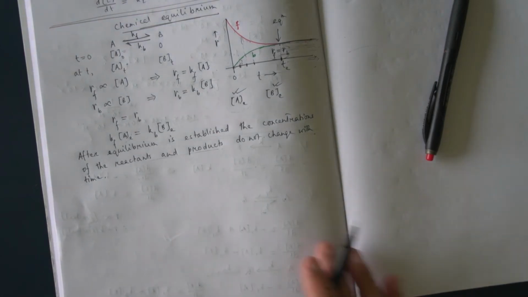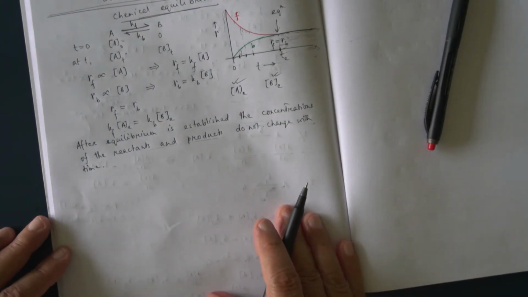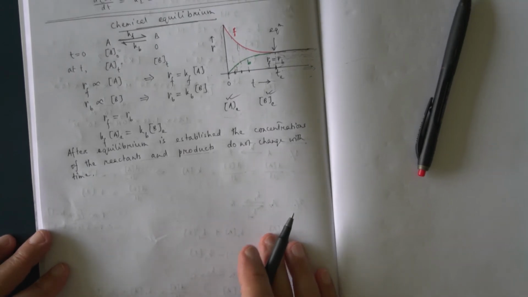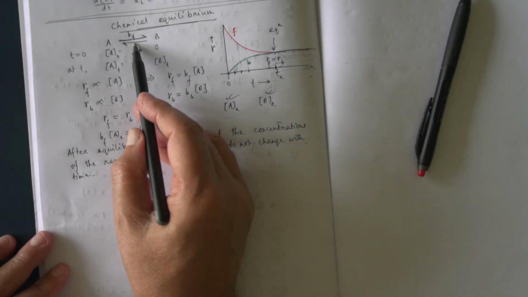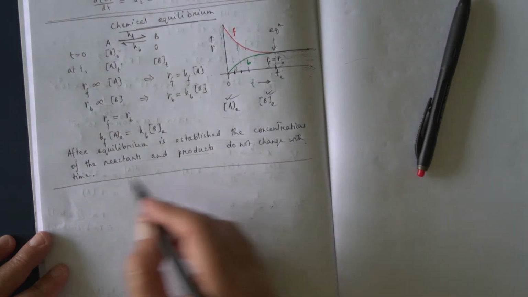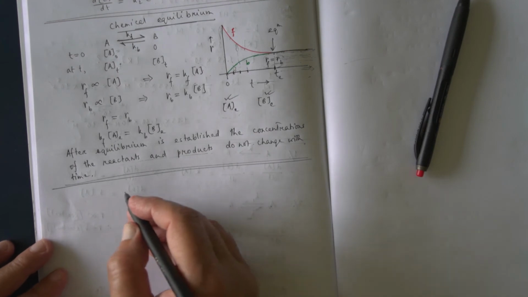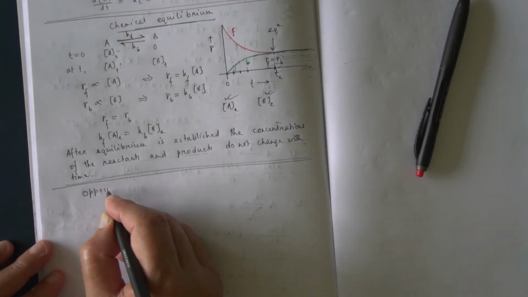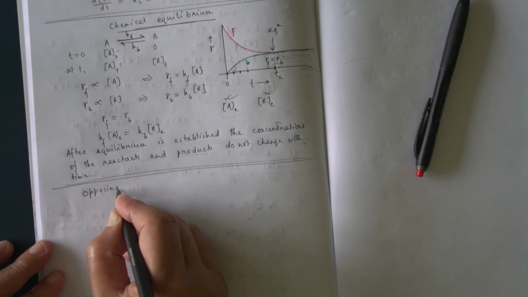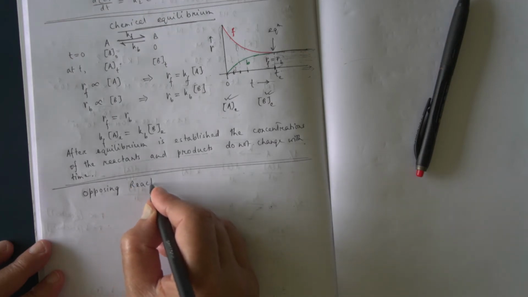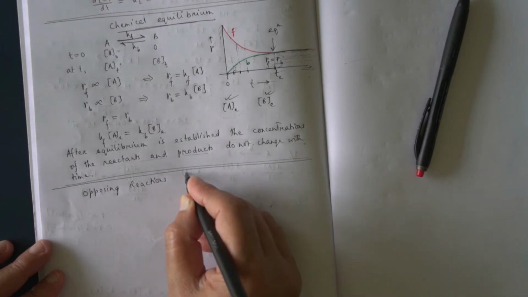Now let us find out the rate constant of reversible reaction, or opposing reactions. Say opposing reactions or reversible reactions, and first order.